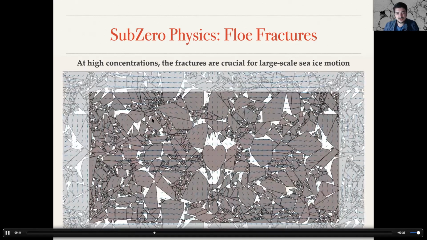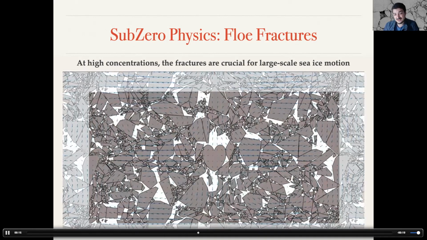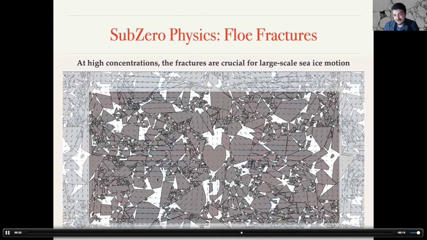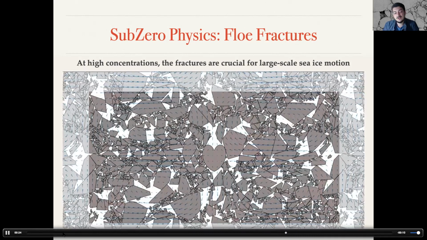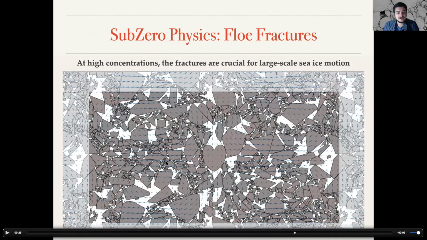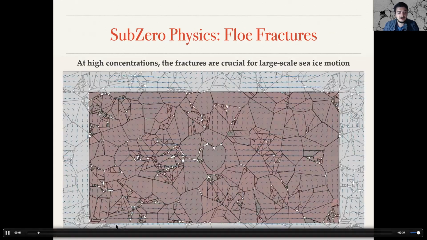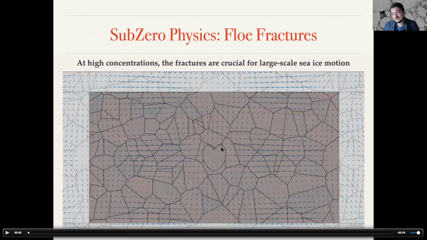So this would be a case of convex floes, which is quite a degenerate case, because if you look at the beginning of the simulation, let me go back, the simulation started with convex shapes, and the fracture rules were just fracturing the floes along straight lines.